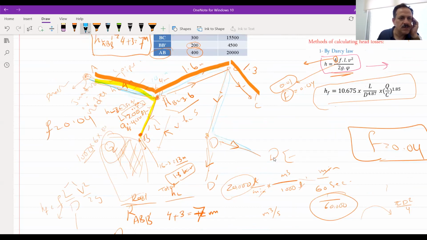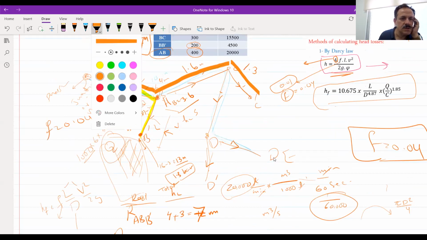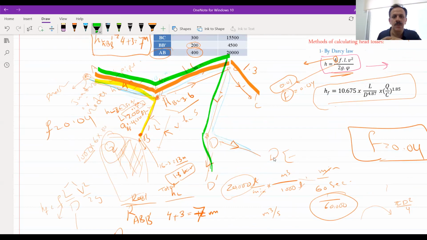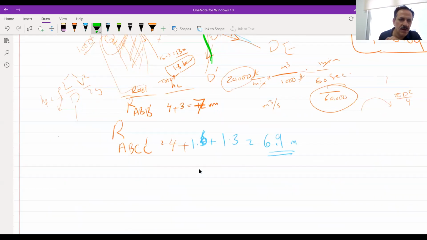And there is another route. Here's another route: A, B, C, D, D bar.